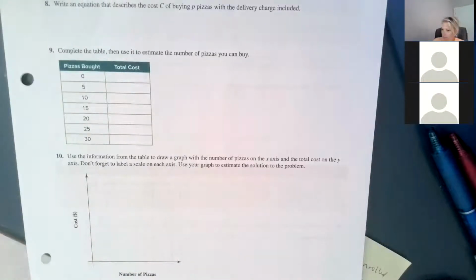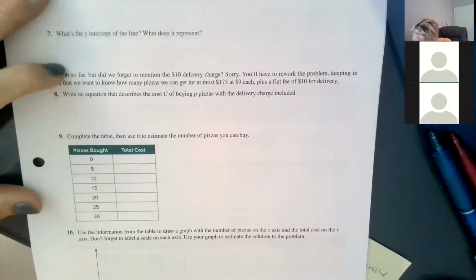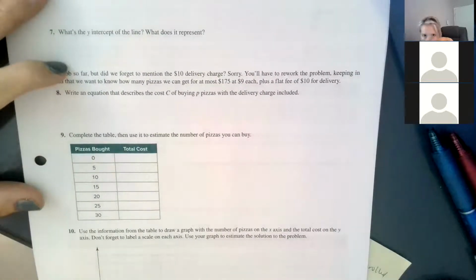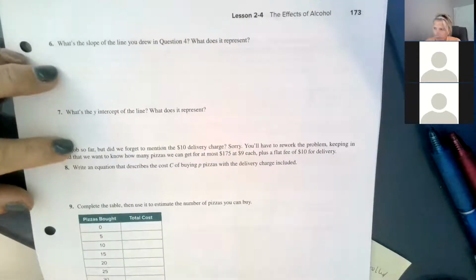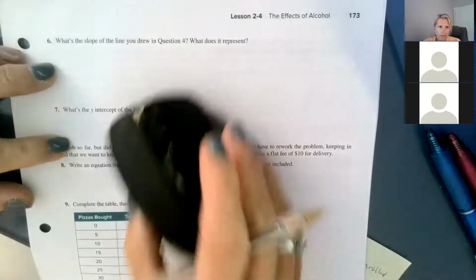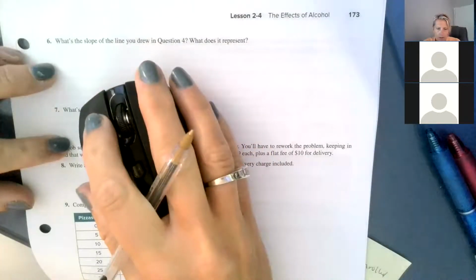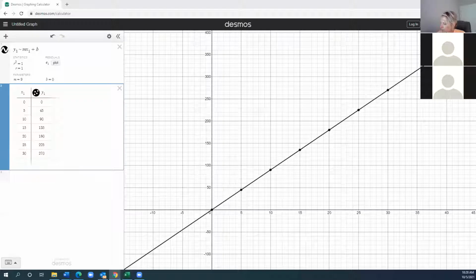Now it says, what is the slope of the line you drew in question 4 and what does it represent? What did we say the slope was? The slope is 45 over 5. Okay.